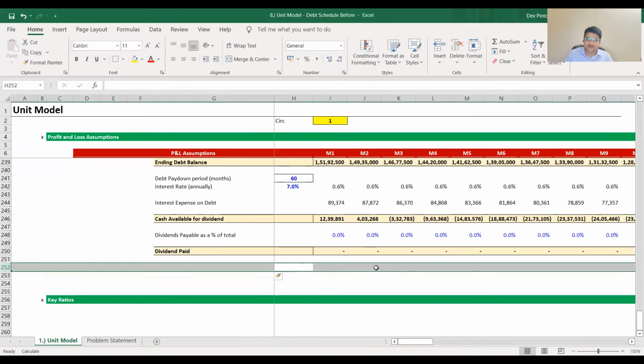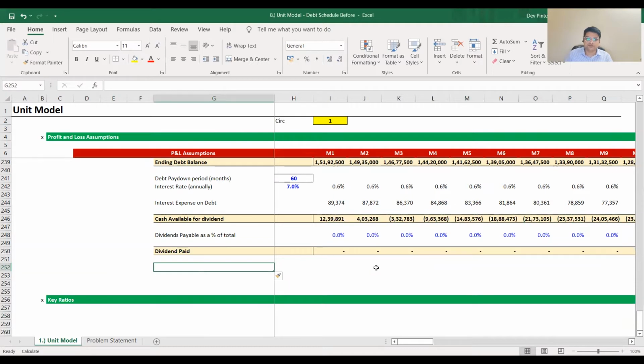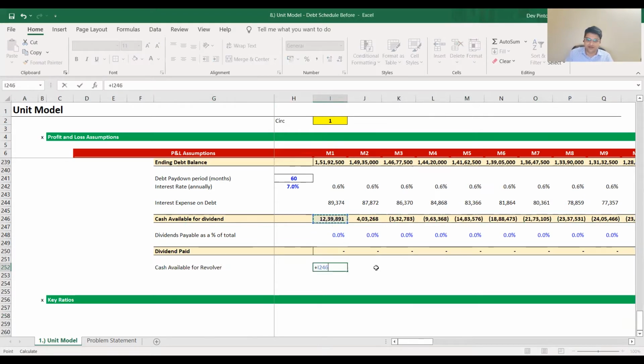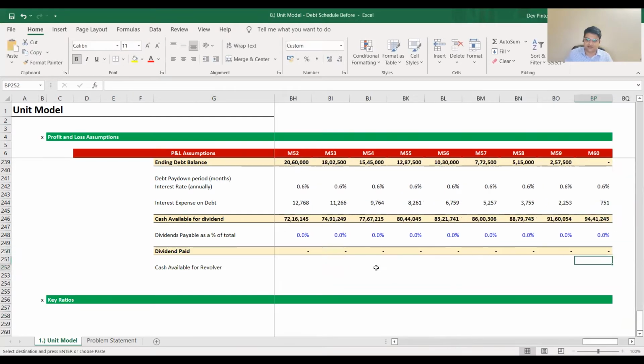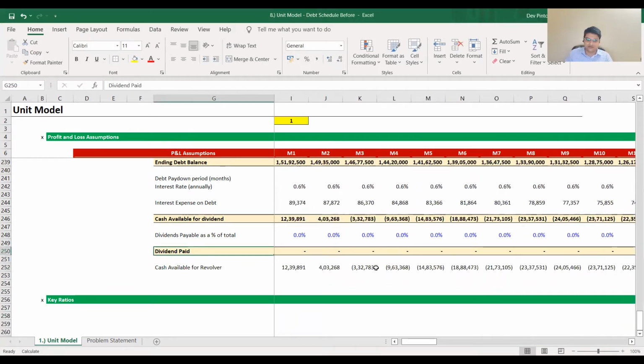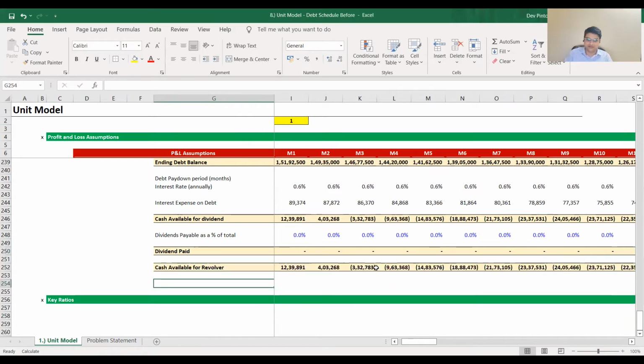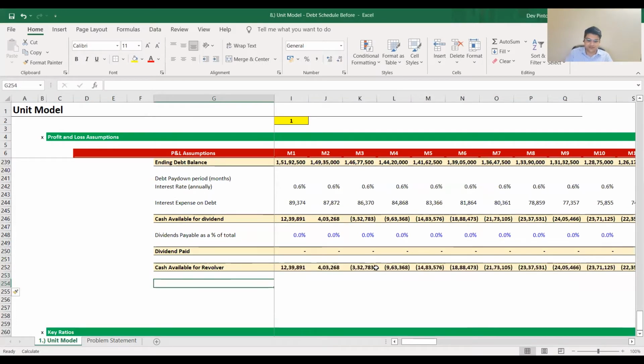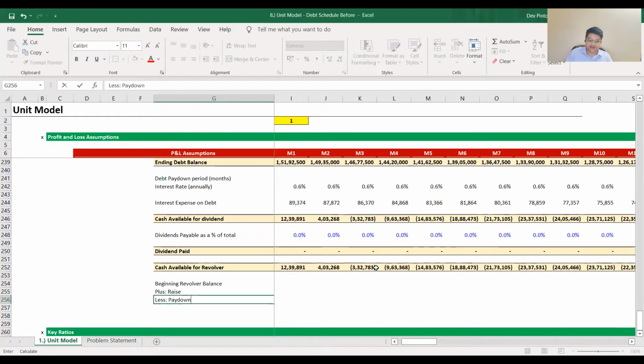And after all of this, right, we will have revolver. Available for revolver will be this minus this. Revolver balance plus raise plus pay down and then ending revolver balance, right?